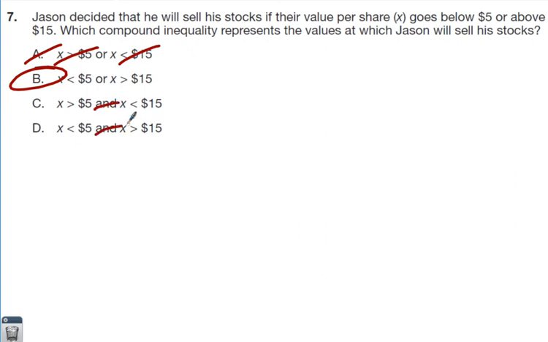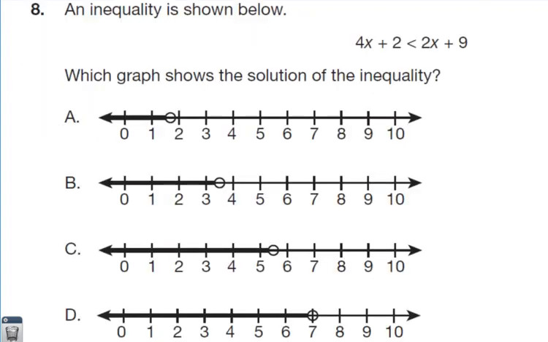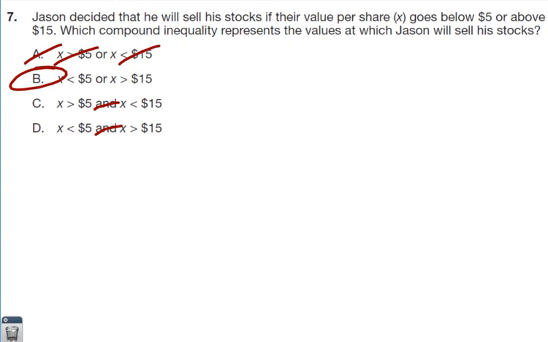So this is the one that means x is less than $5, or x is greater than $15. So that was very straightforward. That was a very one-dimensional problem where all they want you to do is translate the words to inequalities.